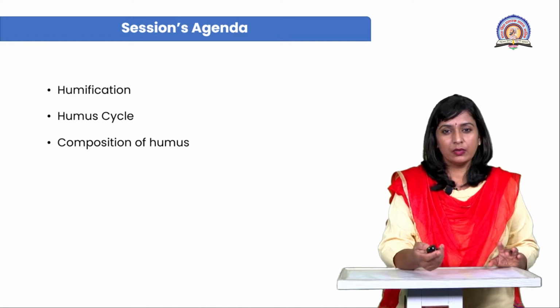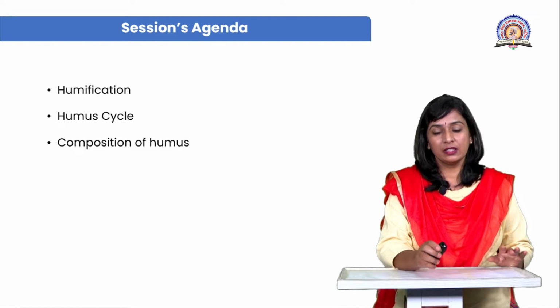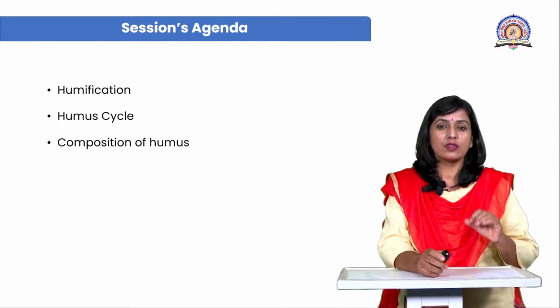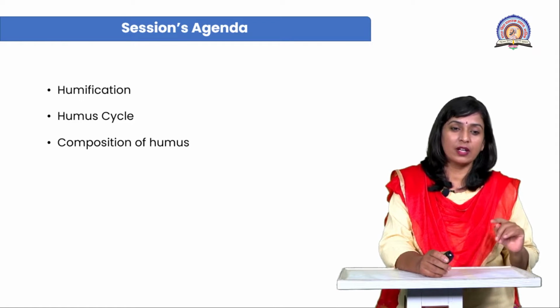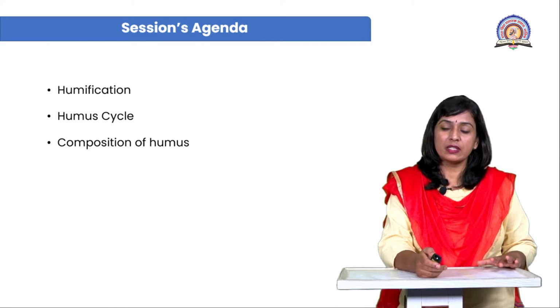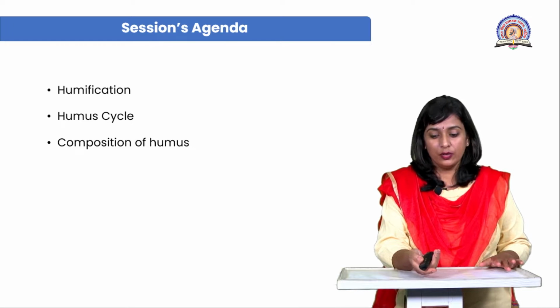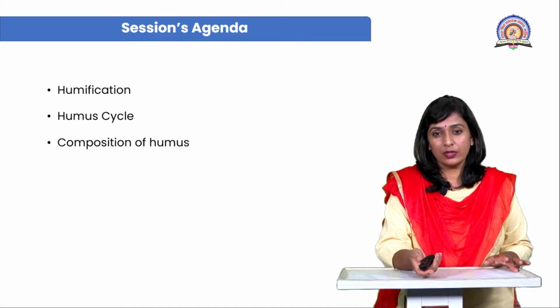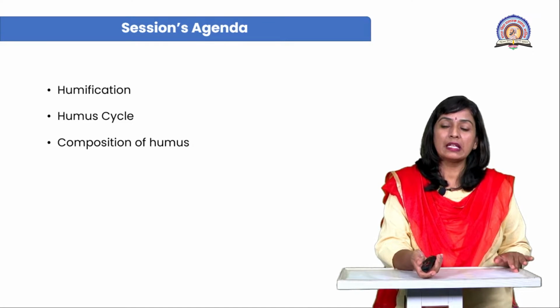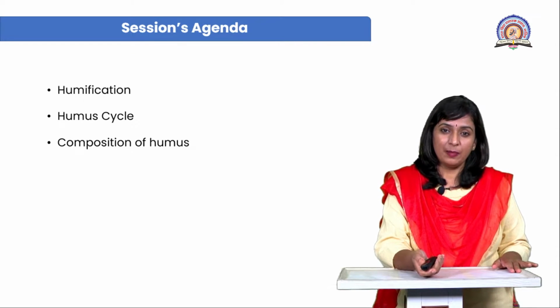Let's see what we are going to study today. Today we'll study humification, the process of formation of humus. Then the humus cycle, how the humus is formed, as well as the composition of humus. What are the different components present in the humus that make it very healthy for the soil as well as the environment?